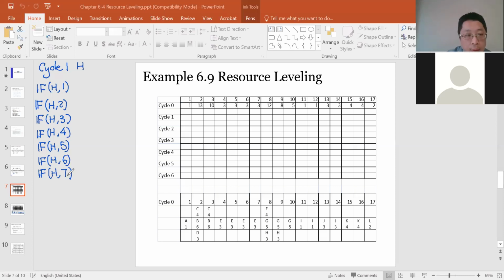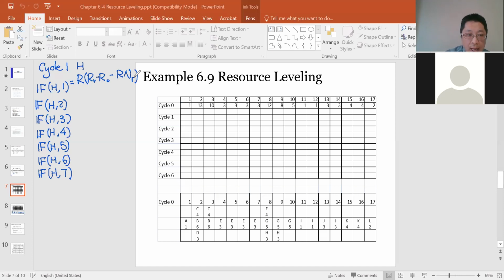We need to calculate this many improvement factors, compare them, and find how many days I should shift H. The equation for the improvement factor is equal to R times RV minus RO minus RNR. This is my equation. So let's plug in numbers.